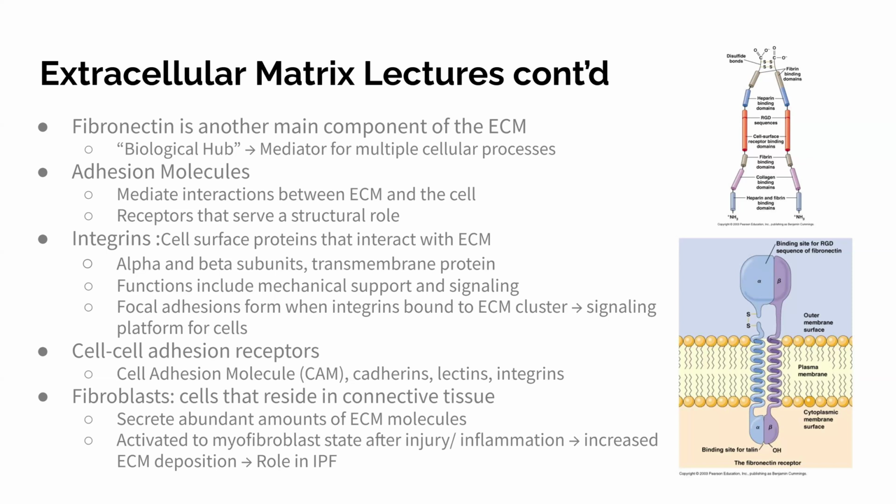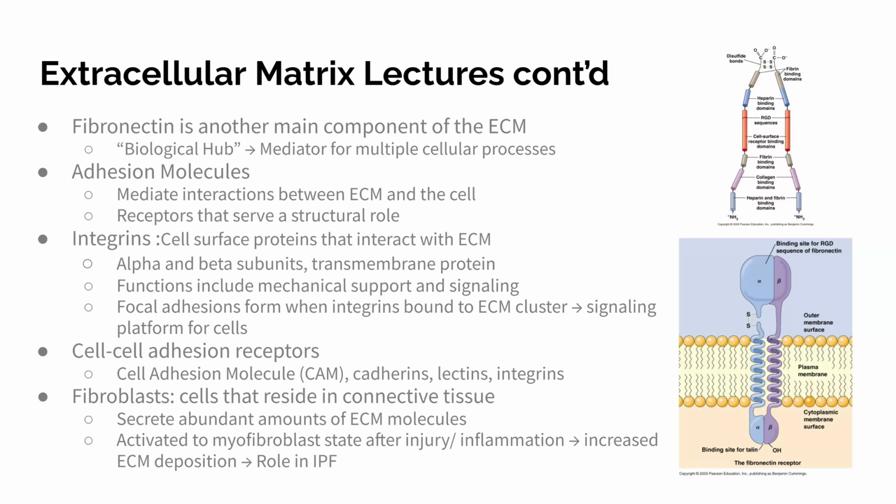Then we have adhesion molecules, which mediate interactions between the extracellular matrix and the cells. Again, the receptors that serve a structural role. And they also are involved in signaling with the cell about the stiffness of the extracellular matrix. So specifically, we have integrins, which are cell surface proteins on the surface of regular cells that interact with the extracellular matrix.